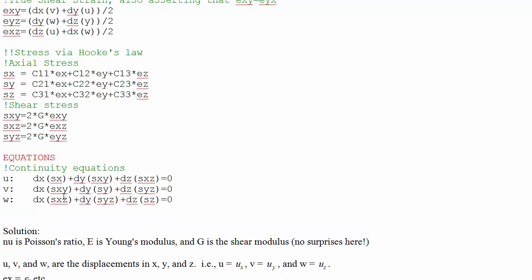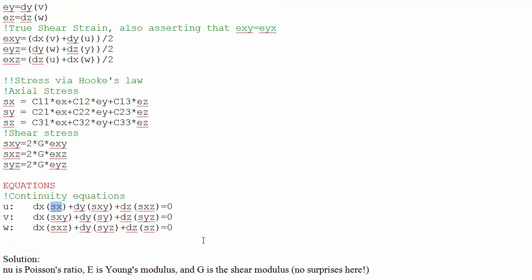The only reason that they would not be just a constant over one dimension would be if we've got some loading happening internally, and we would apply that on the right hand side later. Like maybe we'd say that this is equal to some kind of a constant, and that would mean we've got some stress continuing to build as we go through the body of the material.